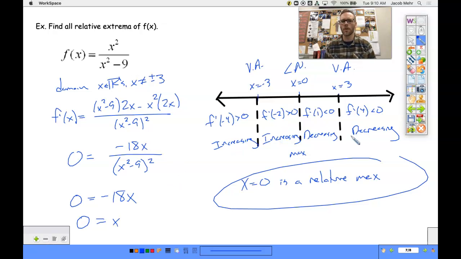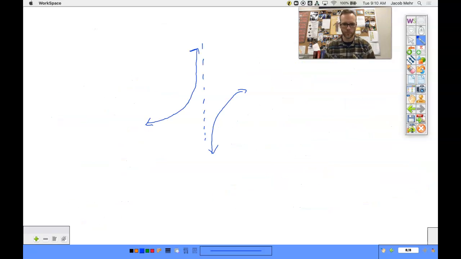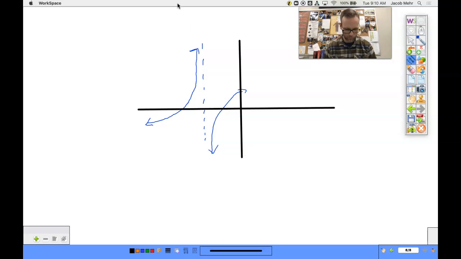Now, what would this graph look like? I already said there's a vertical asymptote at -3 and 3. Okay. So let's say this was -3, and then we've got 3 here, another vertical asymptote. And what happened?